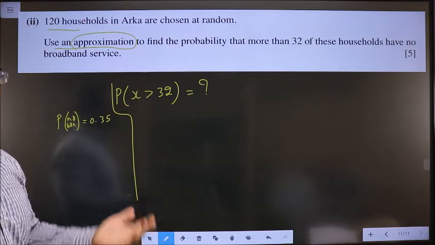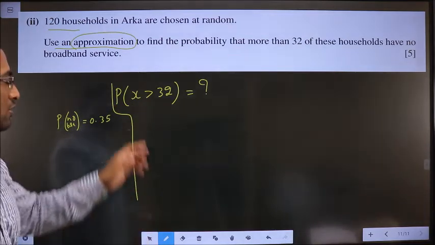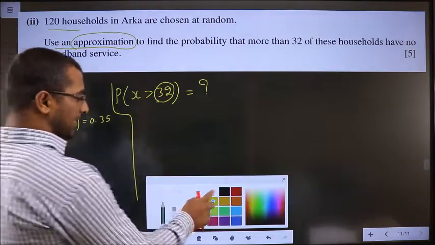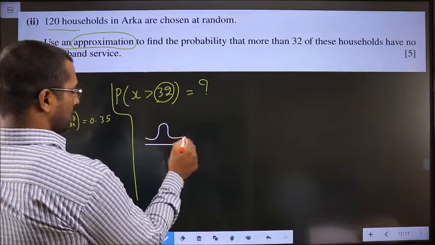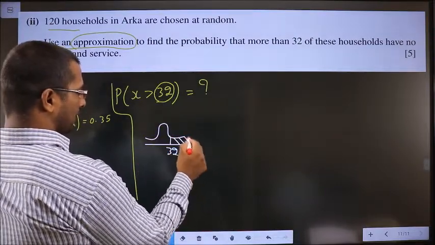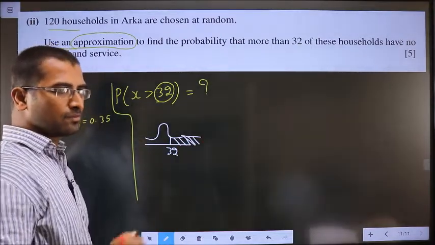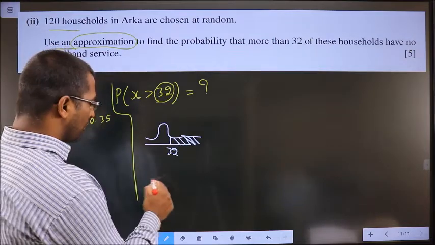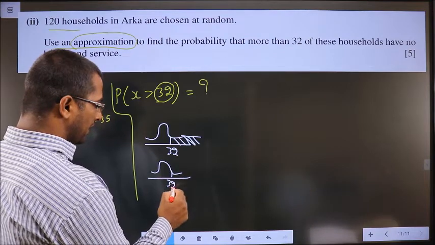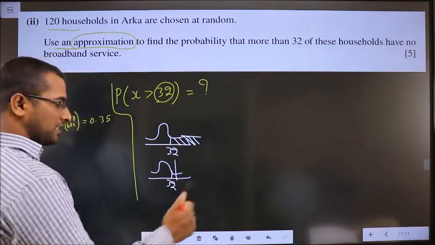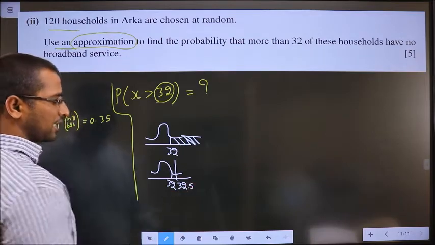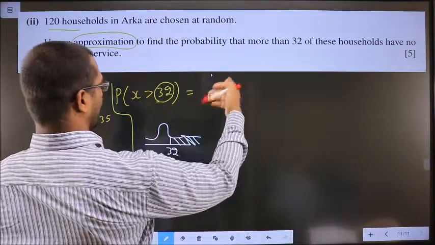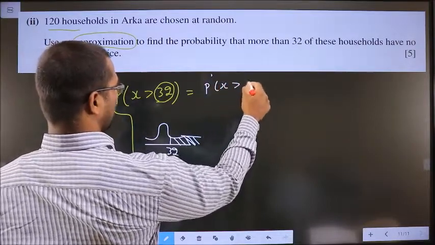It's not given as a normal distribution, but we are using the normal distribution, so a change should be made to this number. See, greater than 32 means this area I need to find. I should make sure that 32 is not included. For that, this bar has to shift to the right side, resulting in the number 32.5. So this now becomes P of x greater than 32.5.